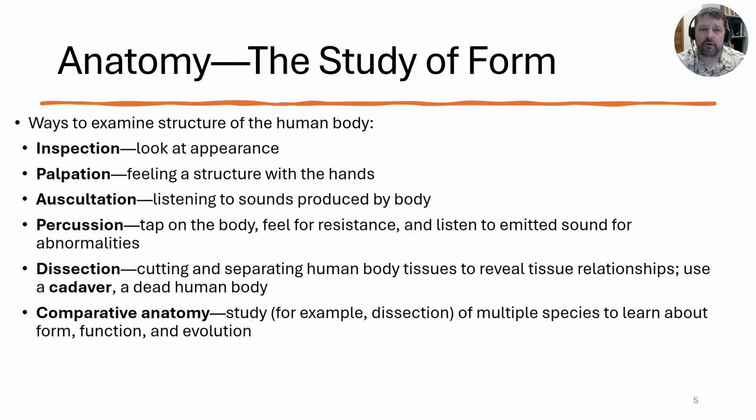Comparative anatomy: I'll talk a lot about different species and maybe the evolution of that structure. I find if you can tie it to things that you're familiar with, it's a lot easier to learn form and function. If you know, oh, that's how it works in this organism, and that's why it works in us. And so I'll talk quite a bit about comparative anatomy.